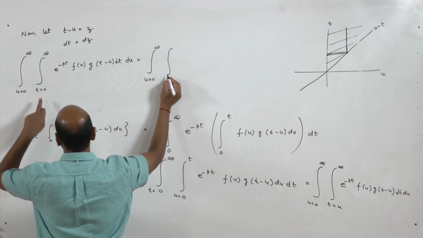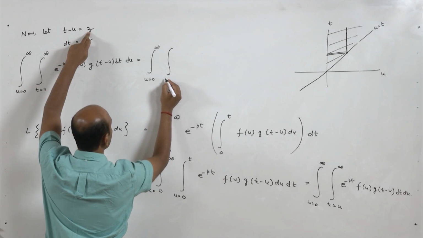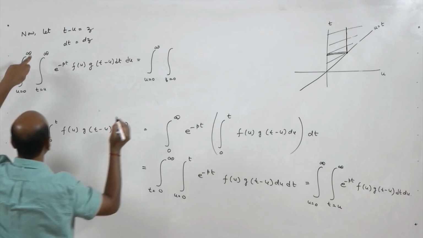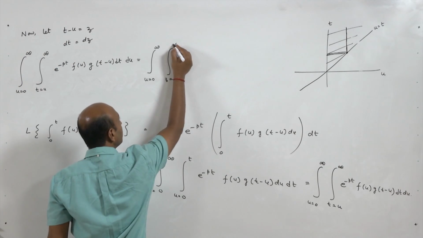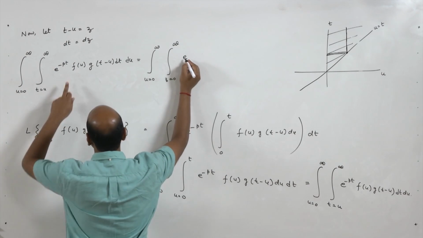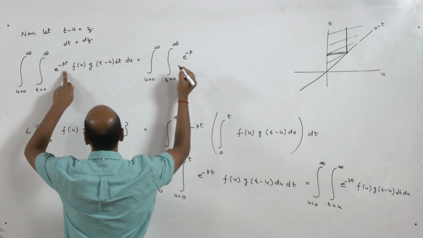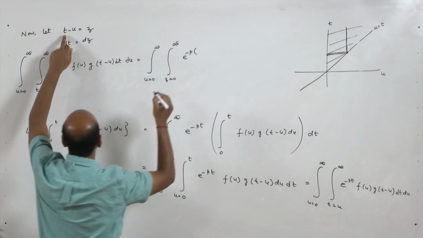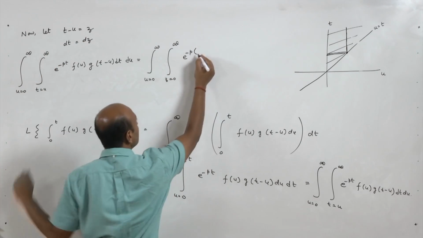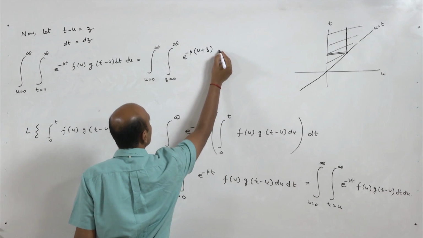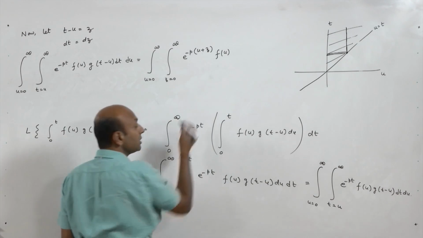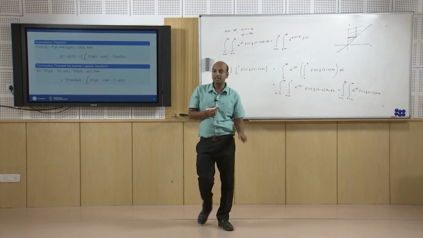Now when t is u, z is 0, and when t is infinity, z also tends to infinity, so it is infinity. It is e to the power minus p, t is nothing but, t from here is u plus z, into f(u), which remains as it is, because now we are not changing u, we are changing t.